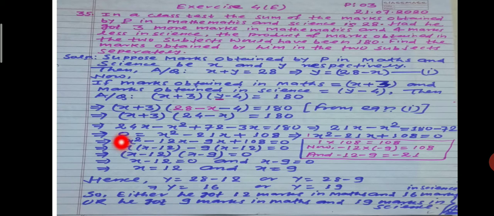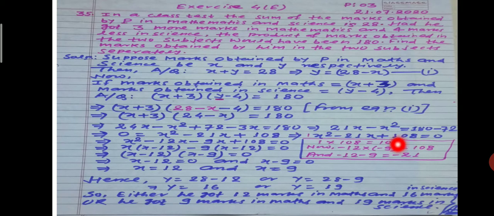This implies that 0 is equal to minus x square transferred to RHS will be plus x square, 21x transferred to RHS will be minus 21x, and 180 minus 72 is equal to 108. Now the coefficient of x square is 1 here, the coefficient of x is minus 21, and the constant term is 108.